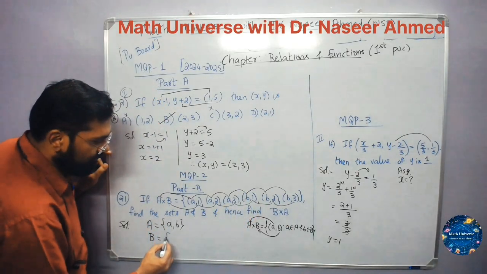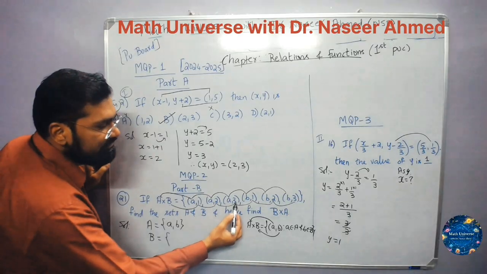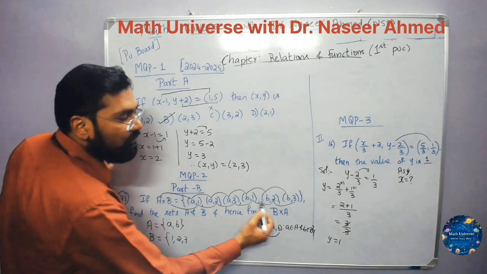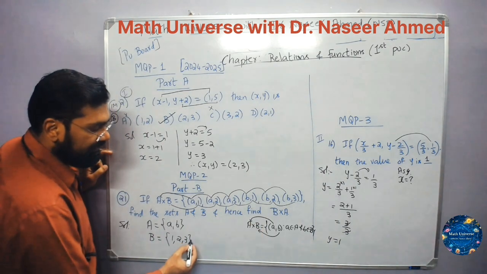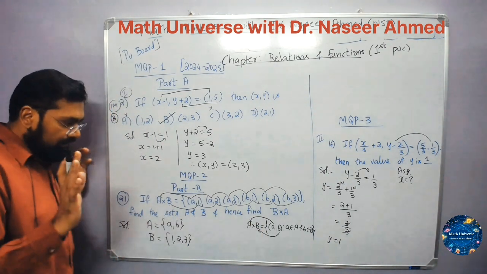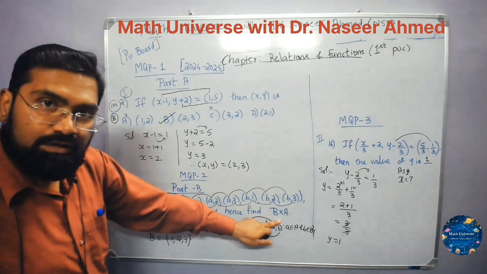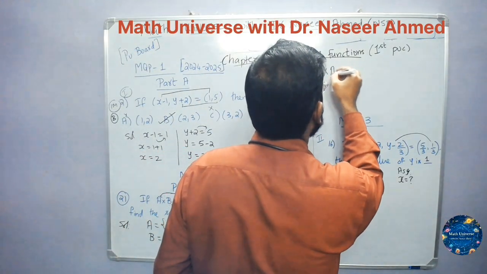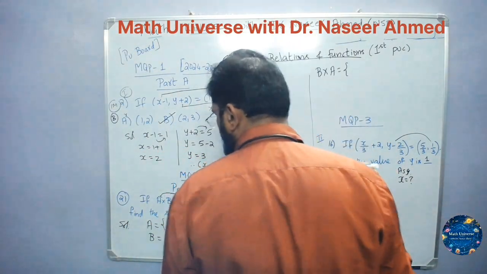So B is equal to 1, 2, 3. Again here also 1, 2, 3, but elements should not be repeated, so keep it as it is. Now I want B cross A also. Fine, let us find it. B cross A. What is B? Set B is 1, 2, 3.